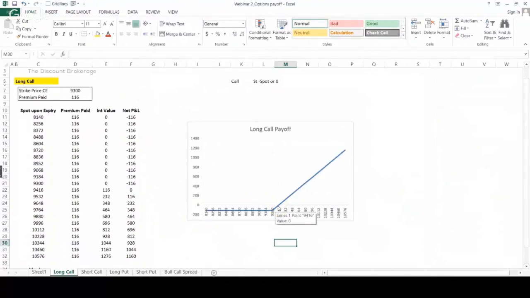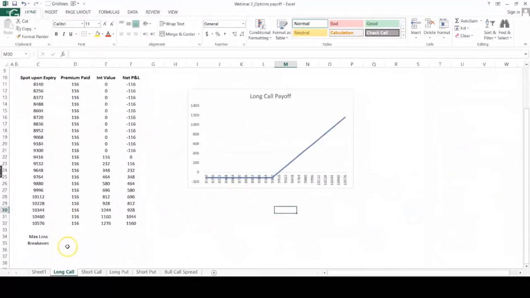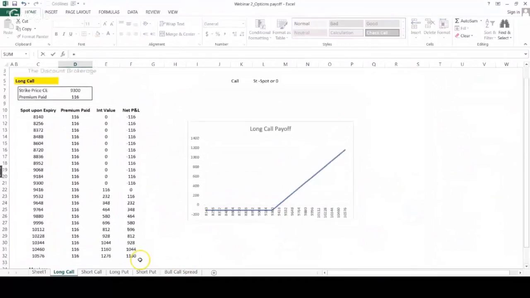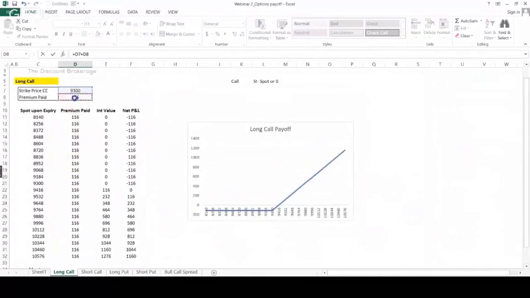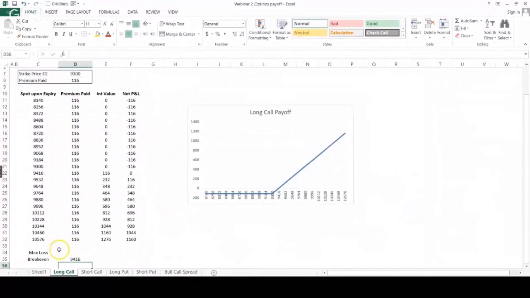This is called the break-even point. So the break-even point is nothing but the strike price plus the premium that I've paid. So 9416, as you can see, at 9416, I neither make money nor do I lose money. This is where I break even.